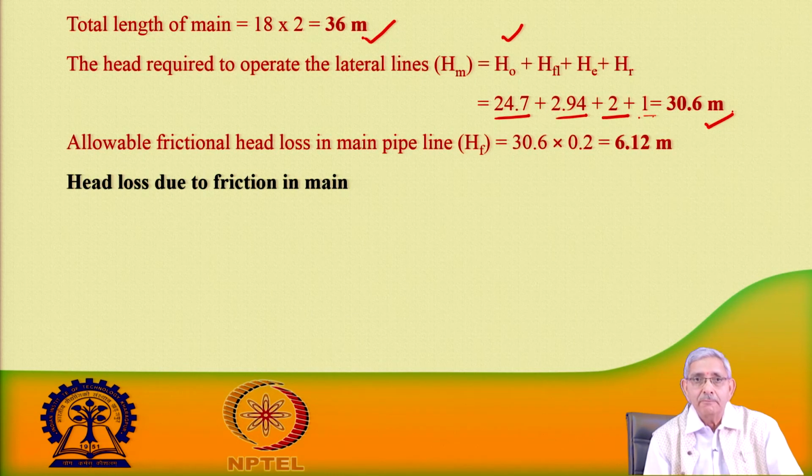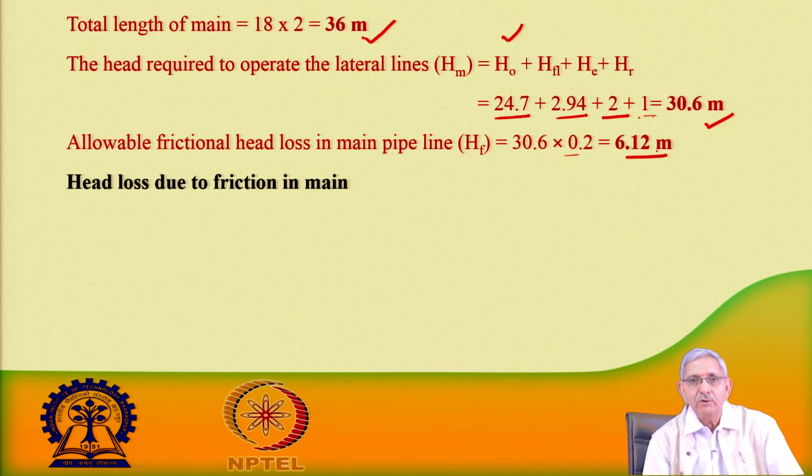So, 30.6 meter. Now, again we are taking the thumb rule or guideline that the head loss due to friction, or total pressure variation, should not exceed 20%. So we are considering 20% of 30.6, which is 6.12 meter.